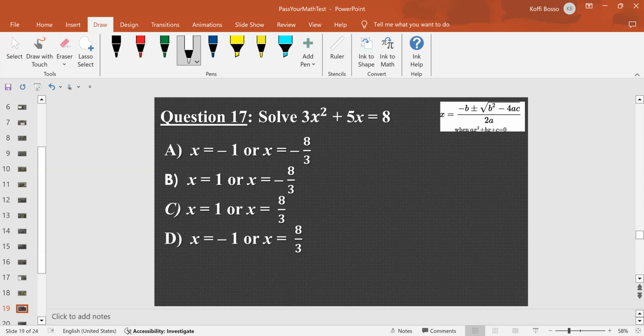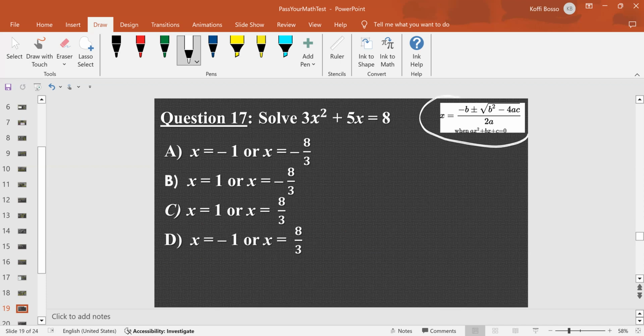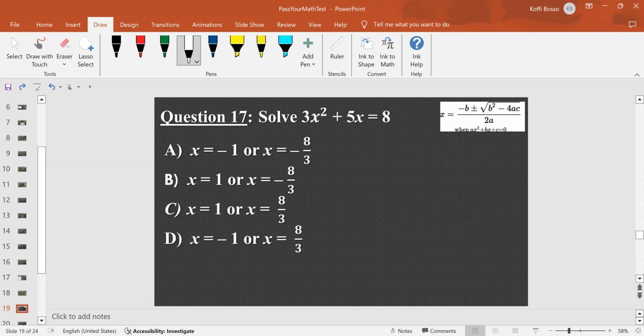Okay, so for the quadratic formula, we need to figure out what is A, B, and C. Be careful before you use the quadratic formula to solve a quadratic equation, because we call this equation here the quadratic equation, and the formula we have here, we call it the quadratic formula.